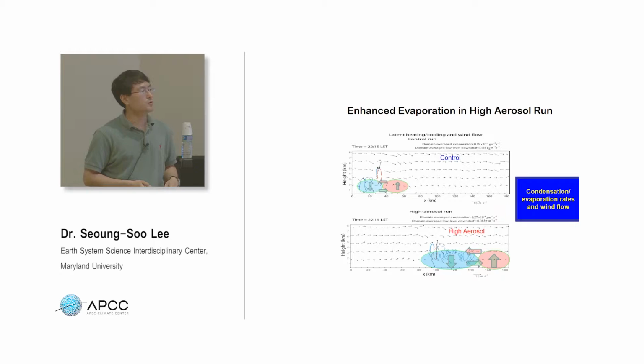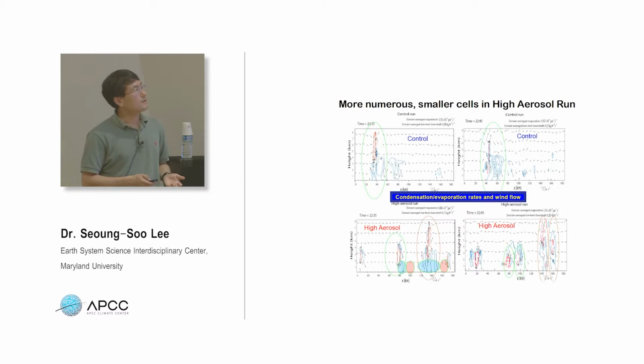Then, to satisfy mass conservation, later on there's development of divergence from warm air to cold air, completing the circulation pattern around the gust front, stronger in the high aerosol run. Anyway, this stronger uplifting of the surrounding warm air finally leads to more numerous cells in the high aerosol run.